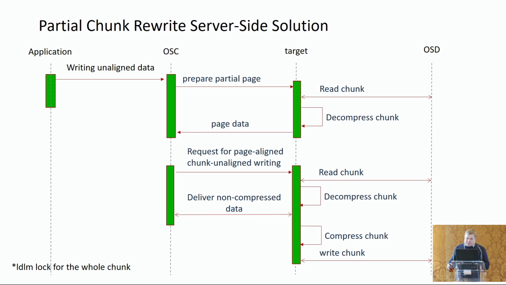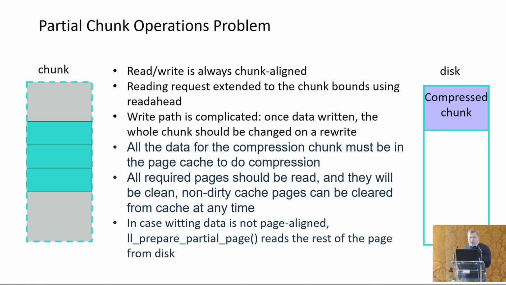Also, I mentioned that sometimes we rewrite data unaligned even to the page. In this case, ll_prepare_partial_page happens, which goes to the OST, and a partial page comes to the client.